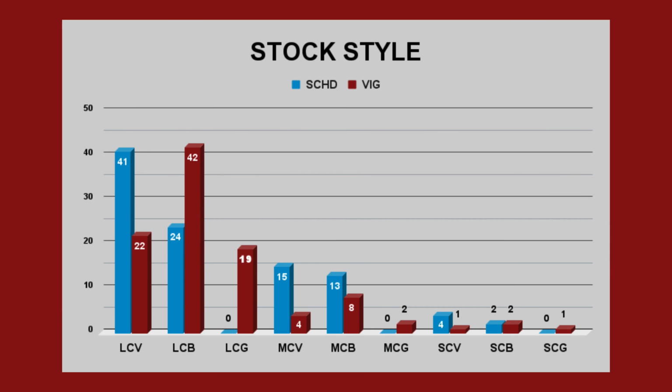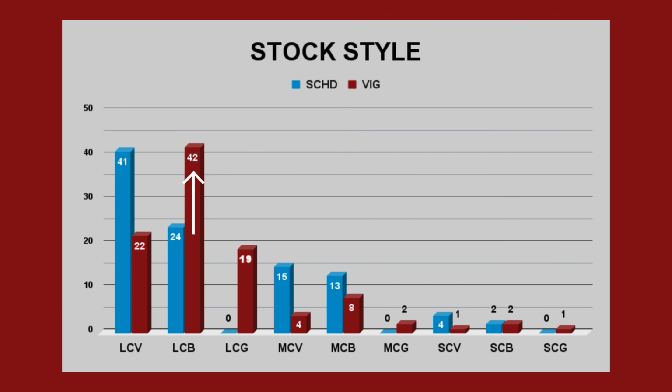SCHD leans heavily into large cap value stocks at 41%, focusing on undervalued companies for stable returns and potential price appreciation. It also includes mid-cap value at 15% and mid-cap blend at 13%, which gives a balance of stability and growth.